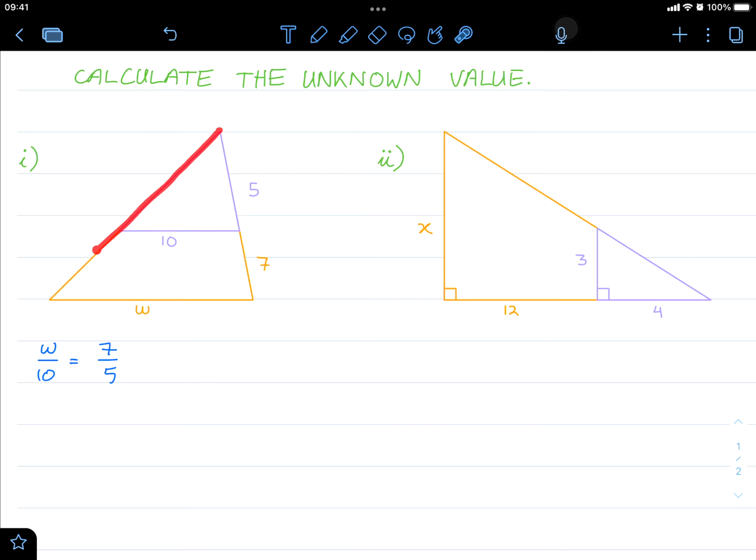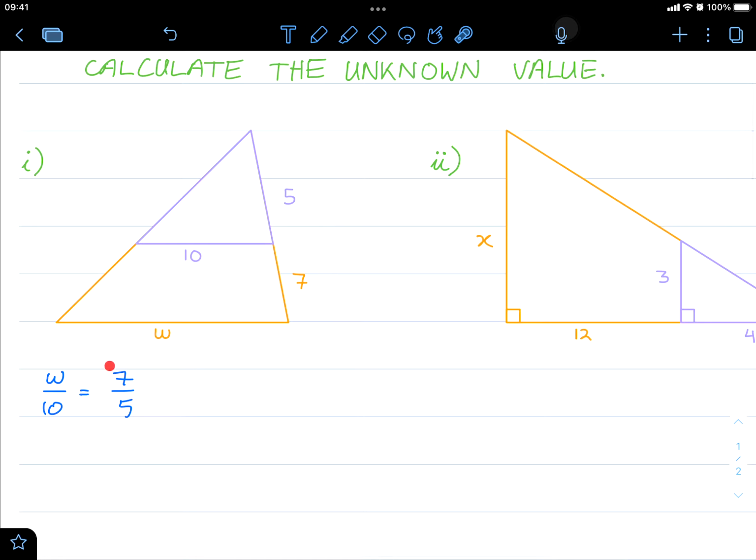The orange triangle is what I'm highlighting here. 7 is only this length. We need the full length of the triangle. What we actually need is the entire length, which is 7 and 5. So that gives us 12.